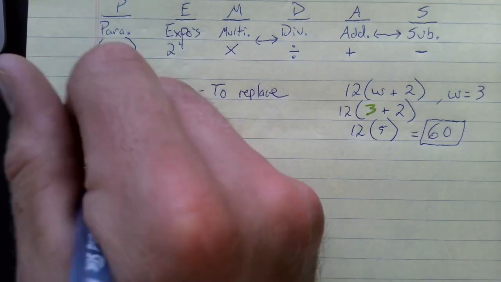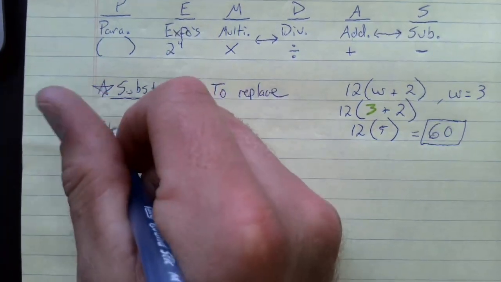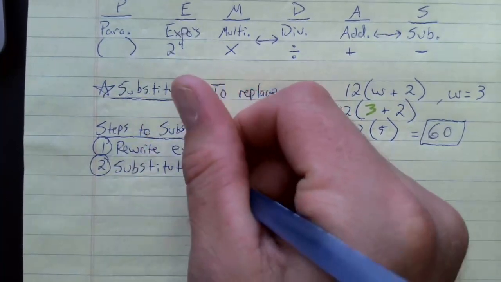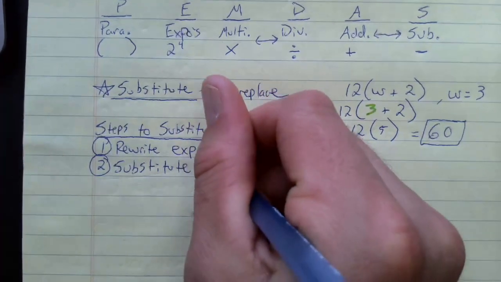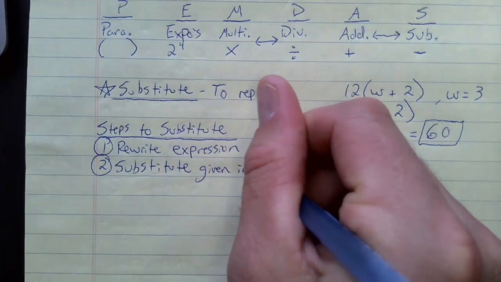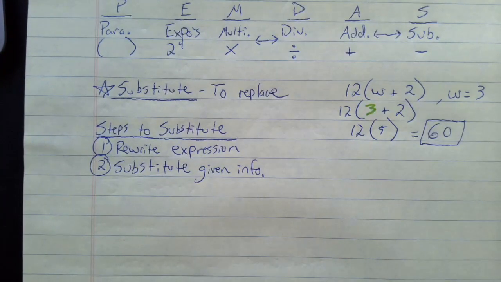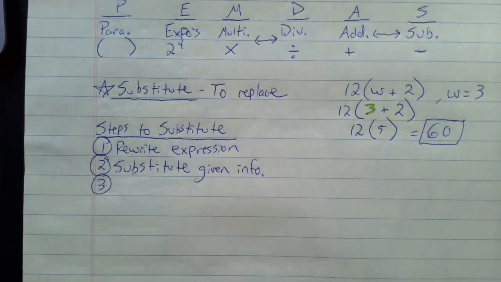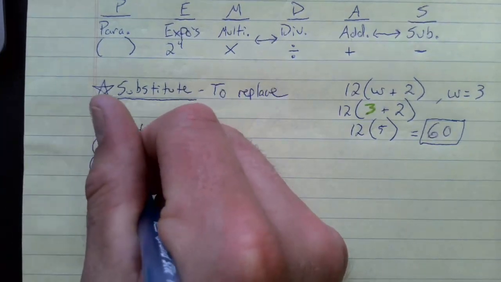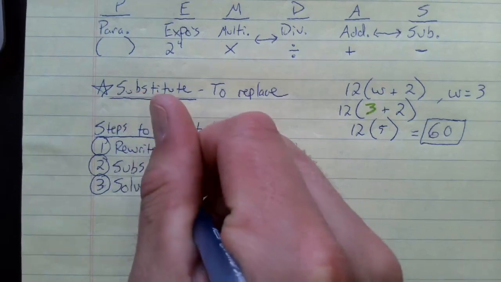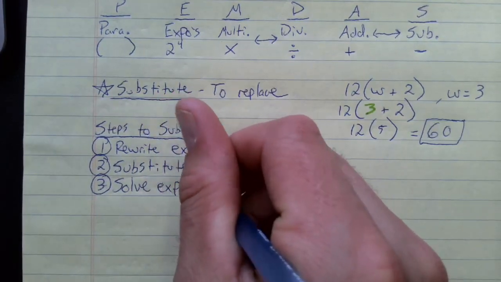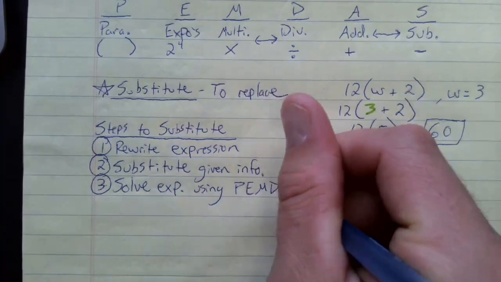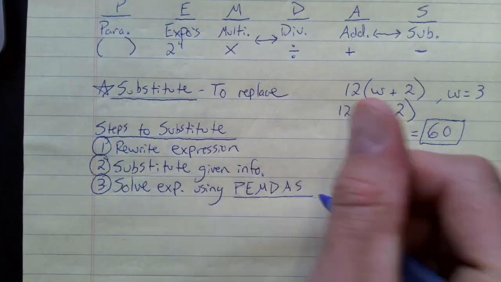Step 2 is to substitute given information, and you can abbreviate info right here. And of course step 3 is solve the expression using PEMDAS. PEMDAS, please excuse my dear Aunt Susie.